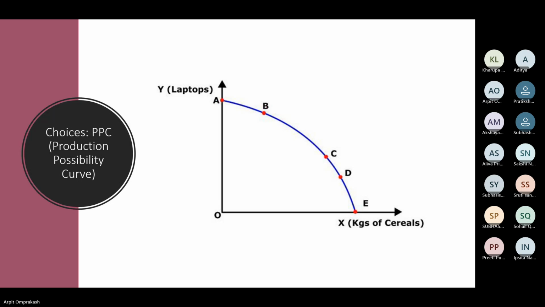So we have what is called a production possibility curve or a production possibility frontier, PPC or a PPF, right? Basically, what this tells us is, let's say we have some resource and there are two items that we can manufacture using that resource.